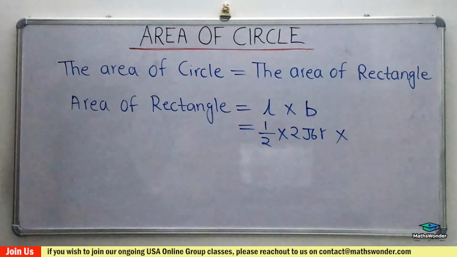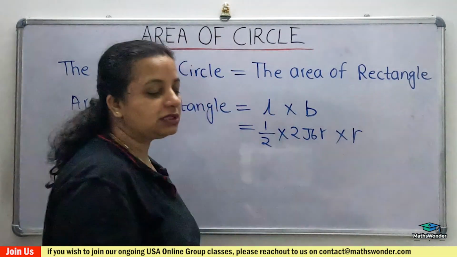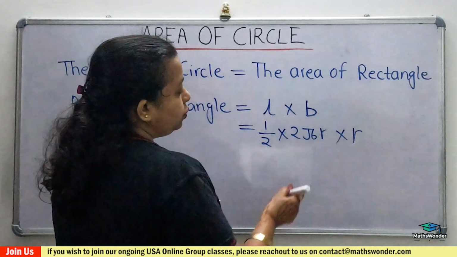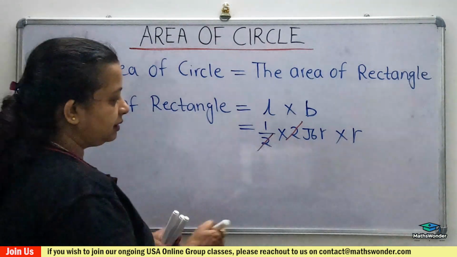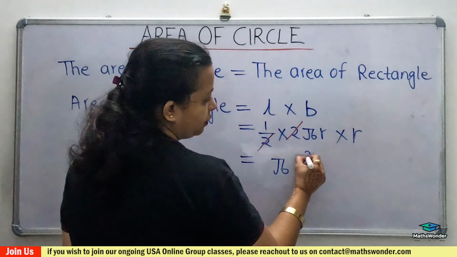Radius. Radius was the breadth. Remember? Now, this 2 we can reduce with this. So what is left? Pi r times r will be r square.